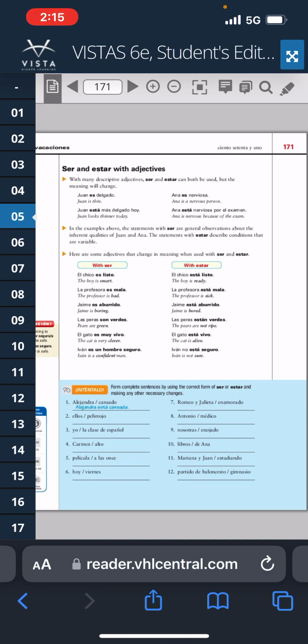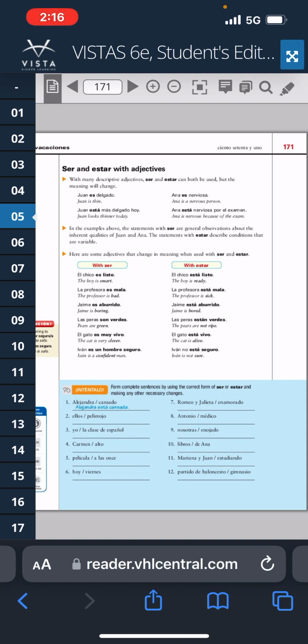The cat is very clever. Ivan es un hombre seguro. Ivan is a confident man. With a star. El chico está listo. The boy is ready. La profesora es mala. The professor is sick.